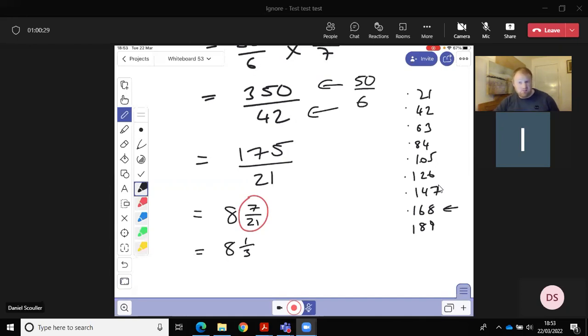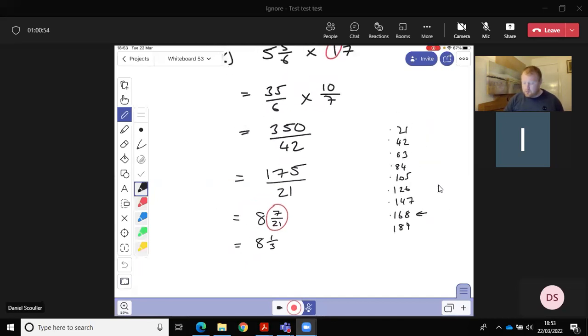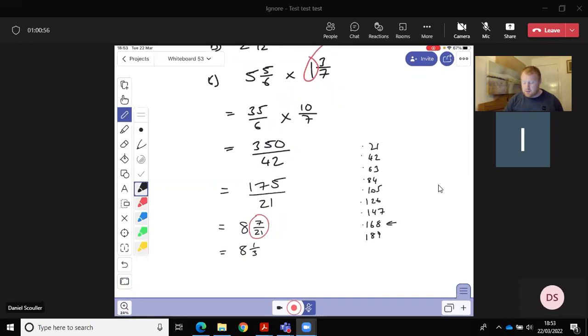You could have simplified it down even further, but I wouldn't expect you to have done that. Again, quite tough because the numbers are quite high. That's not uncommon. But if the numbers are smaller, then hallelujah. It's the exact same process.